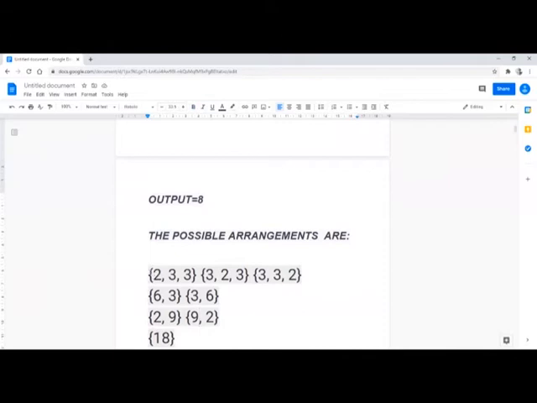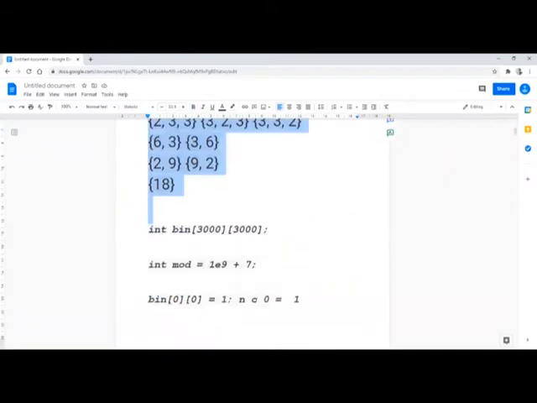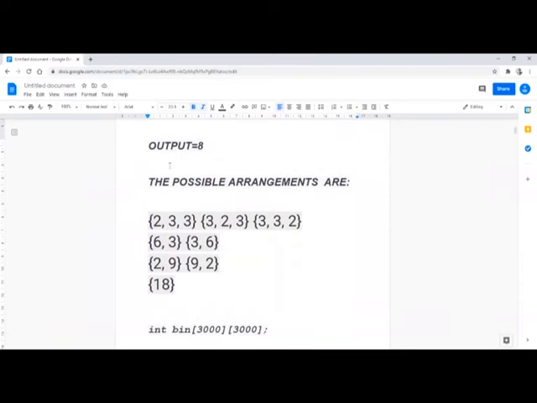Here are the 8 possible arrangements. This represents the factors of length 3, this represents the factors of length 2, and this represents the factors of length 1. So that's about the question.